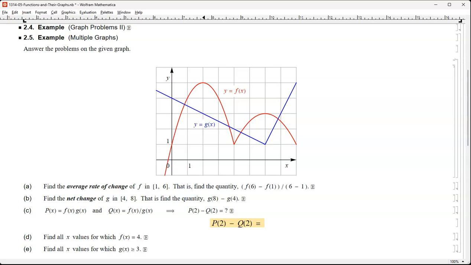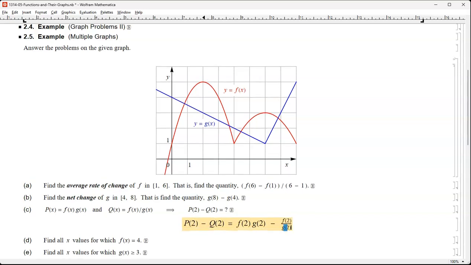What is p of 2? f of 2 times g of 2. p is defined as a product, remember? And then q of 2, f of 2 in this case, over g of 2. That's the quantity you have to find out. Make sense?